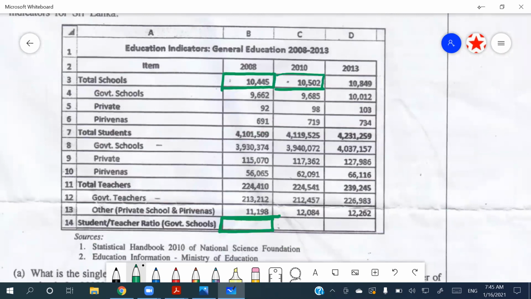So the total number of government school students is somewhere here. And the total number of government school teachers is somewhere here. Oh, no, not there. I'm sorry. It is somewhere here. So B4 should be divided by B12, right?